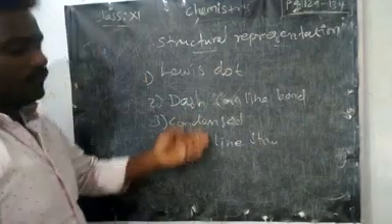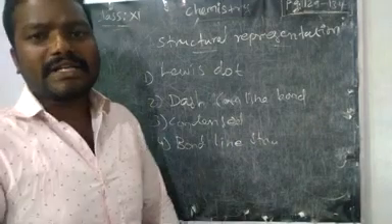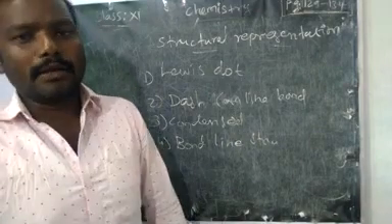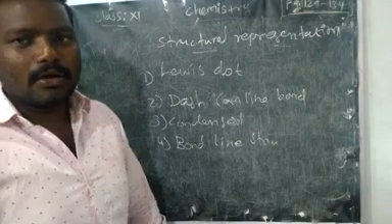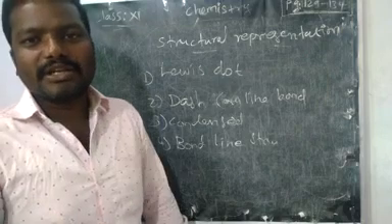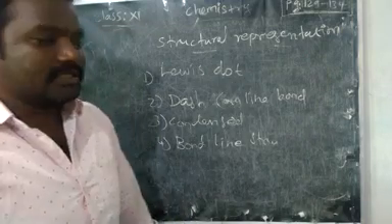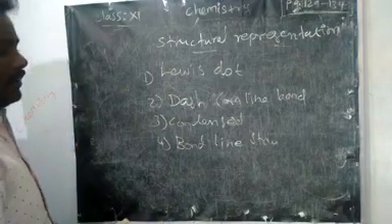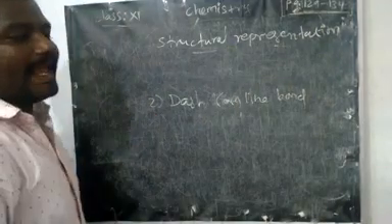See, the first type, Lewis dot structure, we have already studied in chemical bonding. Clearly we know that we will write all the valence electrons. If they are involved in the bond formation, we will write them as a bond, and the remaining we will write as dots. Okay, that we know very well. What about the dash line or dash bond or line bond?